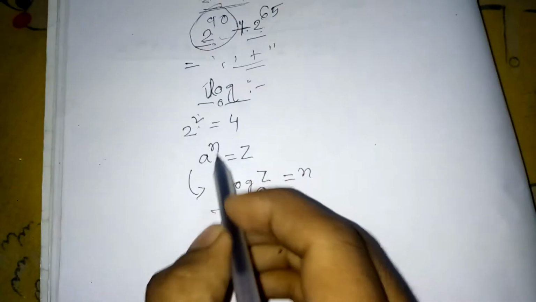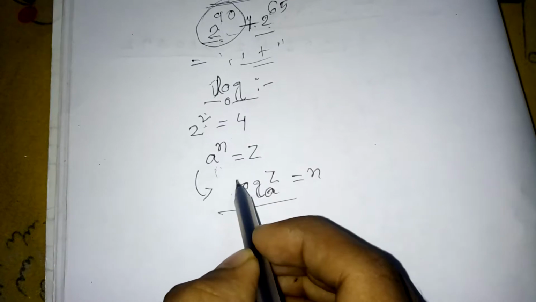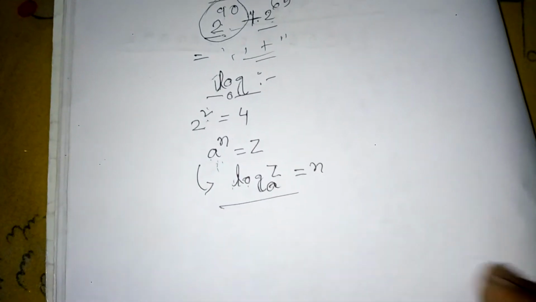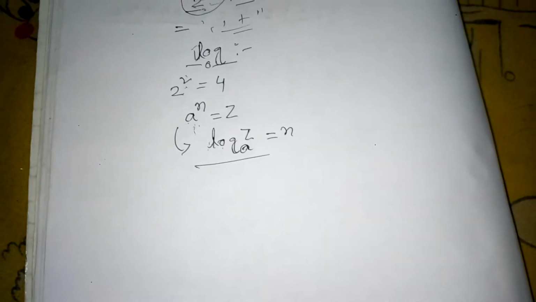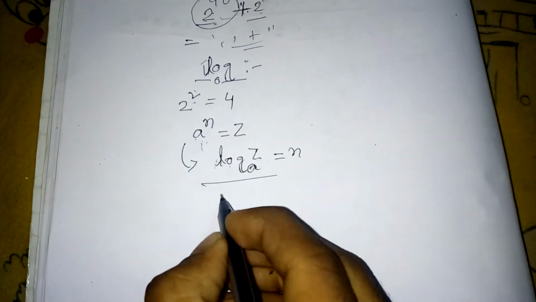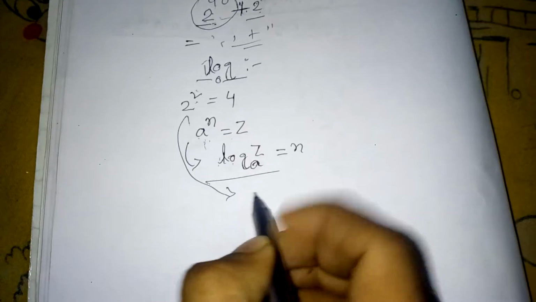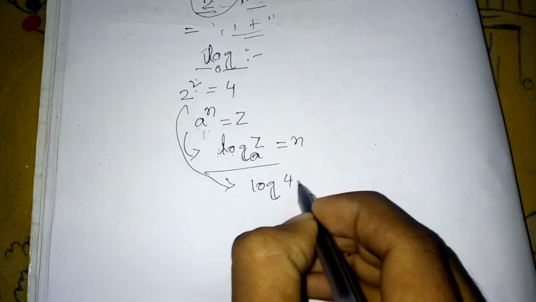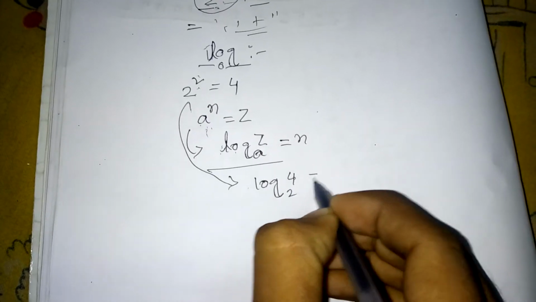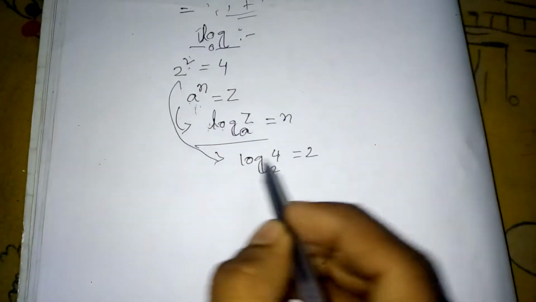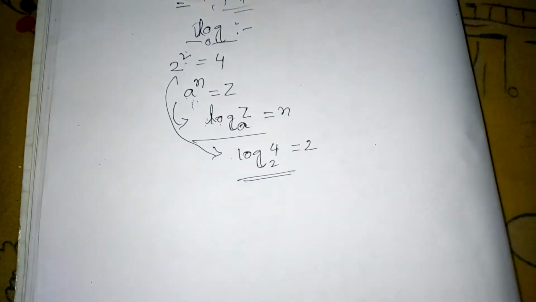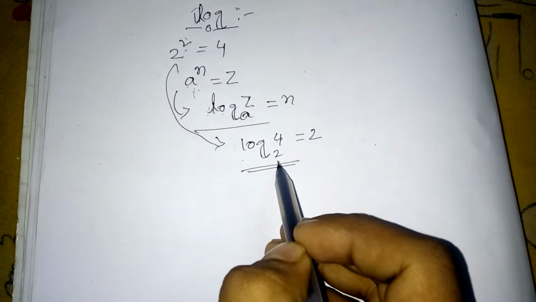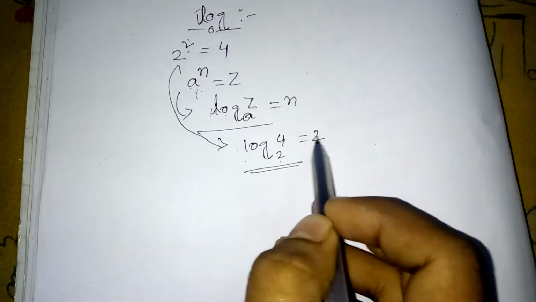So this is our formula for conversion from index to log. Let us explain more. From here we can write log of 4 base 2 is equal to 2. So we will read it as log of 4 when the base is 2 is equal to 2.